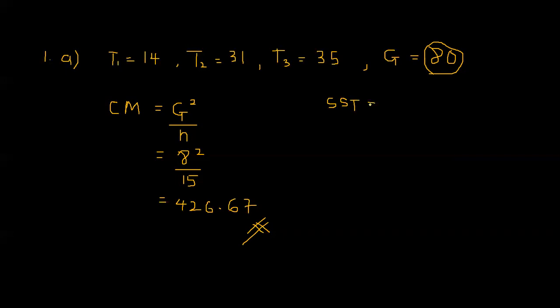If you refer to the formula in lecture notes 8A, the formula to get SST is the sum of the treatment totals squared, each divided by the number of samples, and then minus the CM value.